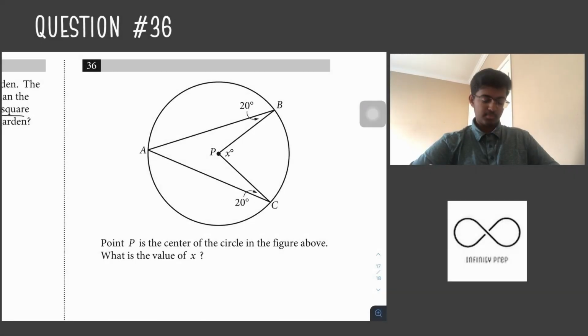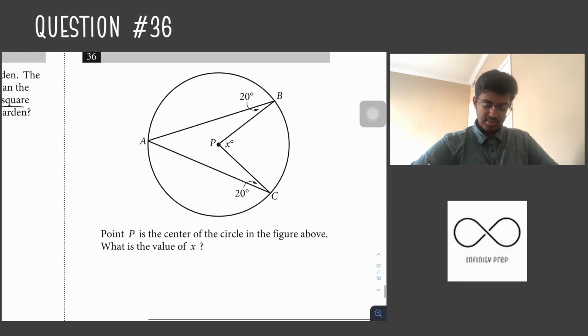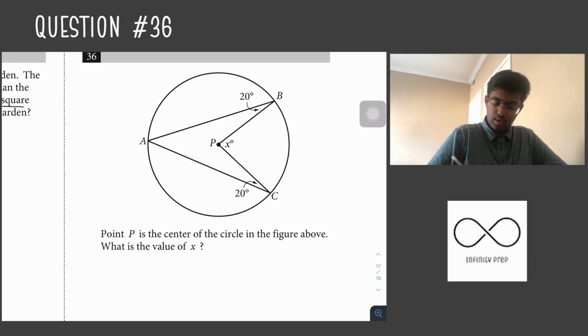Question number 36. Point P is the center of the circle in the figure above. What is the value of x? So what we need to do is find this angle right here, and we can do 360 minus whatever that angle is to find x.